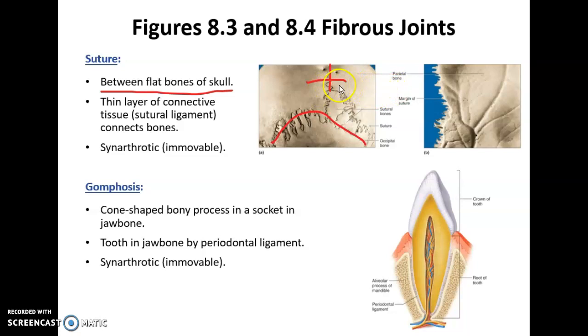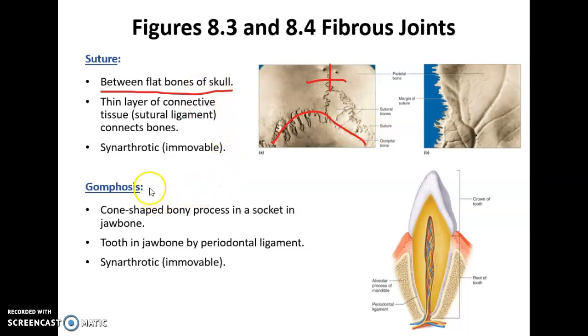Between the parietal bone and the temporal bone you have another suture, and between the parietal bone and frontal bone you have another suture. This is a thin layer of connective tissue, but usually it is made of cartilage when we're newborns and infants, and after 2 years old, this is going to be a bony union, a bony joint, and then it's going to be the suture.